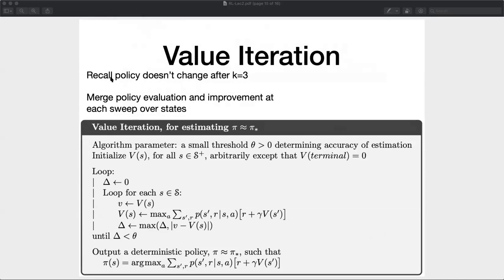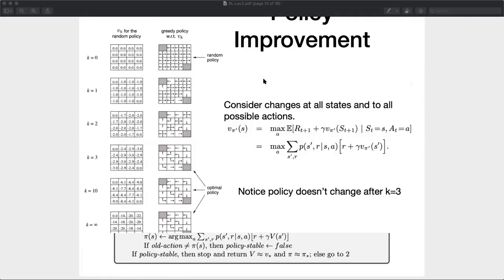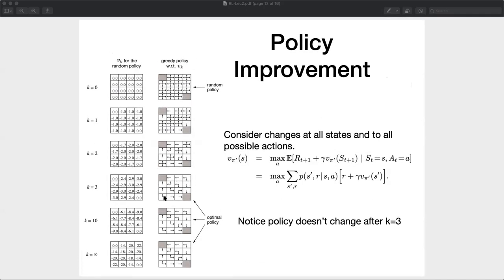So recall that the policy didn't change after k equals 3, right? I could just go back. The policy isn't changing anymore. So was it necessary for me to iterate this all the way up to convergence of the value? I don't think so. You just needed to do it up to a certain point.